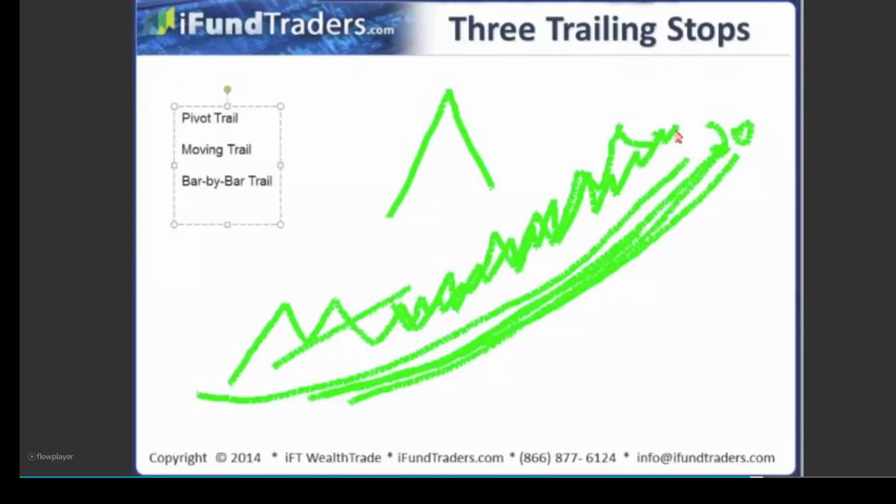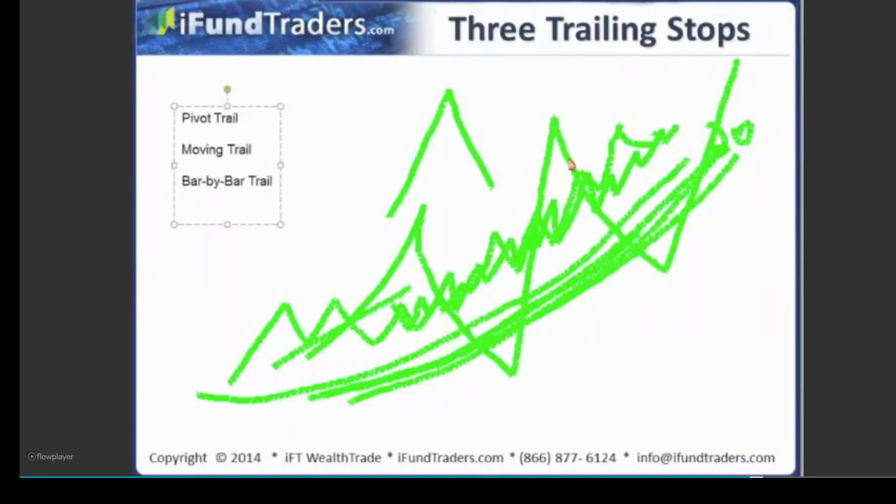It's closer to a beeline up, a gradual beeline, versus swing, swing, swing, swing, swing. Pivots are more appropriate for swings. Moving average for grinds to the upside. Moving average trailing stop. You stay right beneath it.